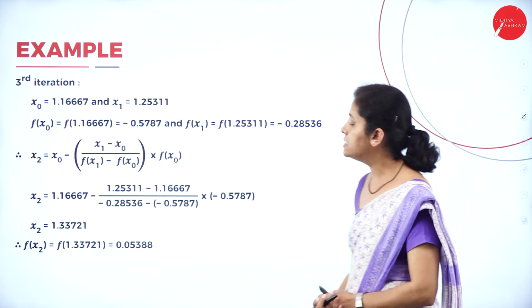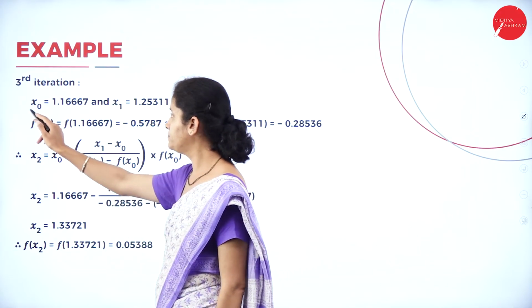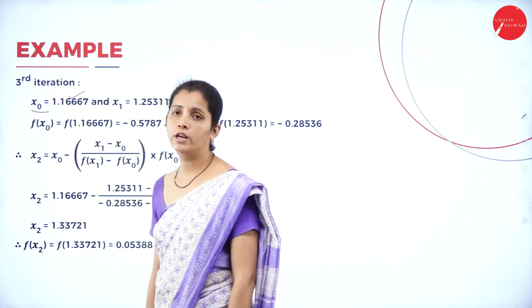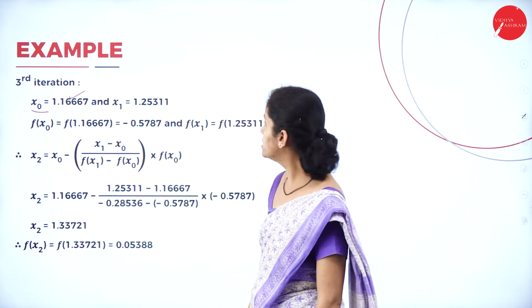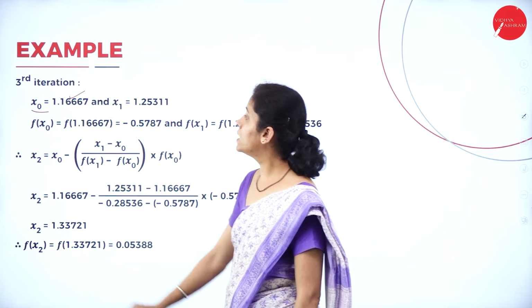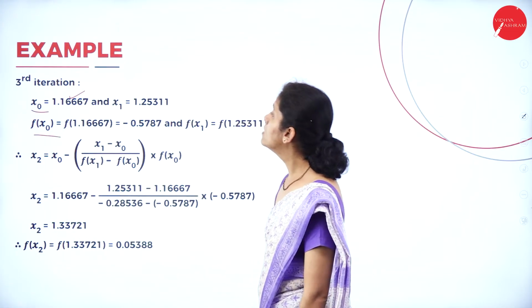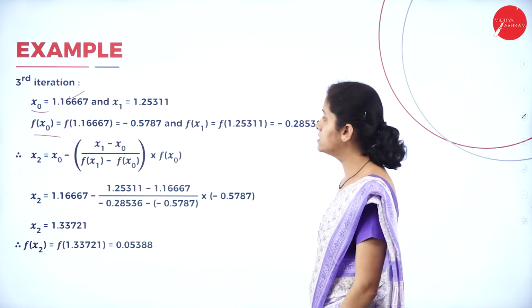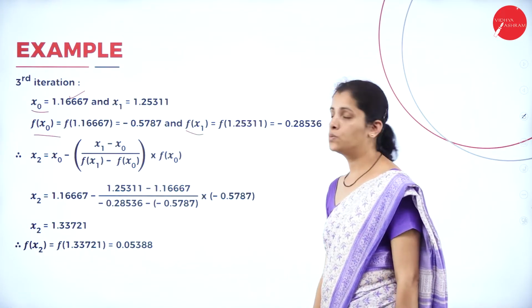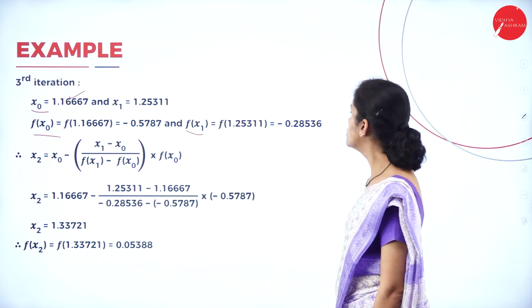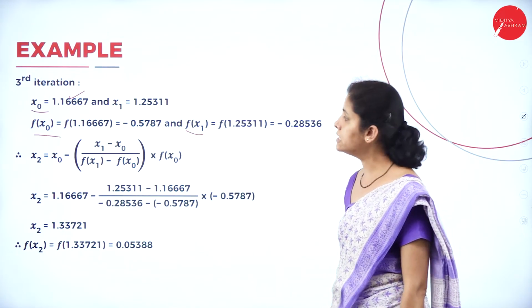Now if I consider third iteration, see here, x0 is 1.1667 and x1 is 1.25311 and what is f dash? That is minus 0.5787 and f of x1 is minus 0.28536.